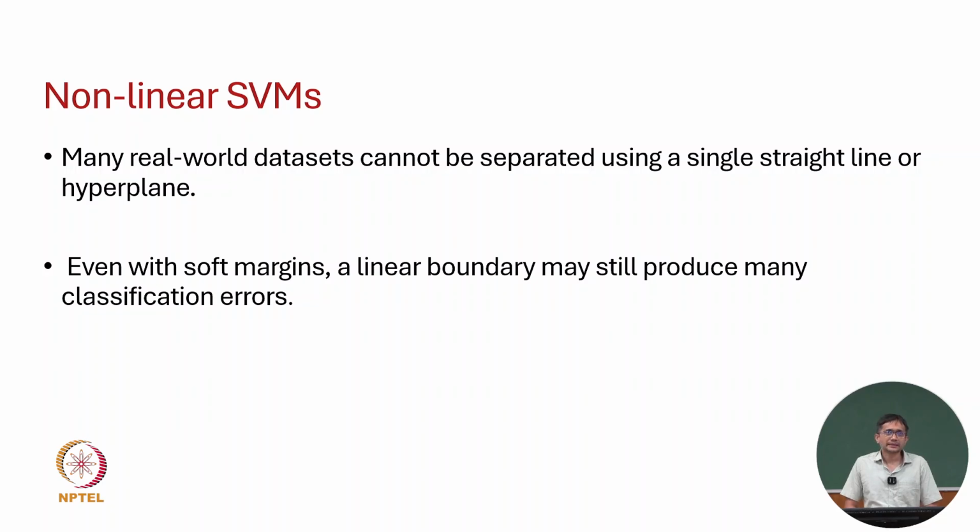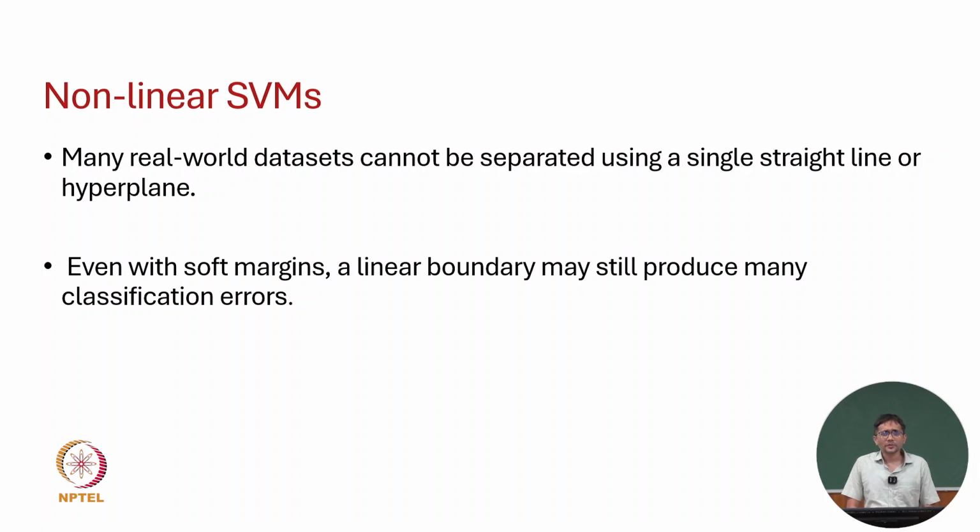What we have seen in the last lecture is a linear version of SVM. However, it's indeed the case that in many real-world datasets or applications, you cannot just differentiate between the different classes using a single straight line or hyperplane.